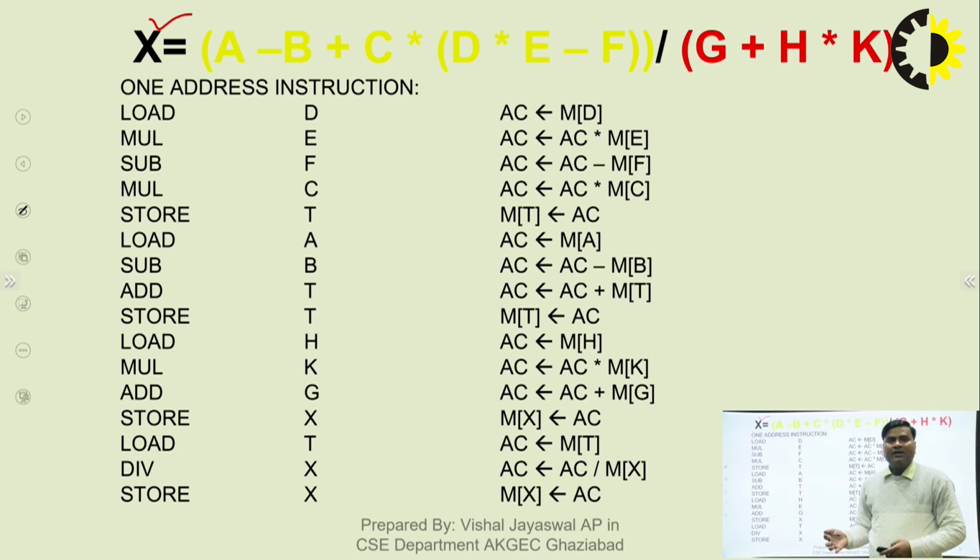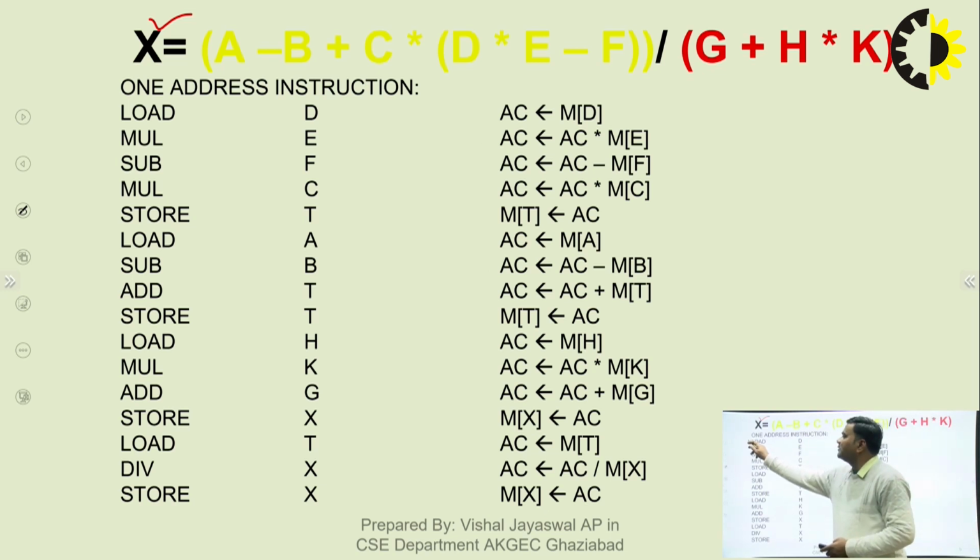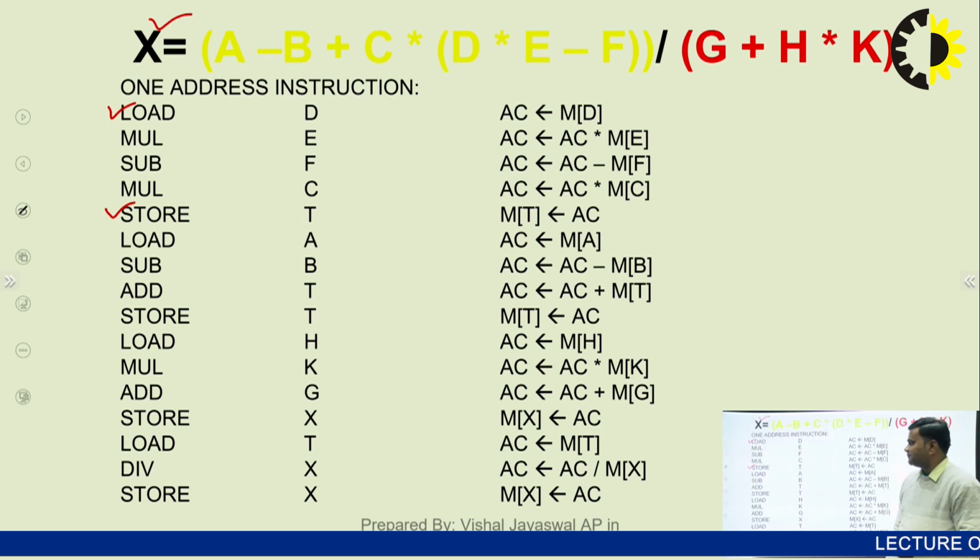One address instruction is also called load store architecture. So in load store architecture we use the keyword load for fetching a word from memory, and store means we have to write a word into the memory. So here we are using load and store instead of move, as in two address instruction.